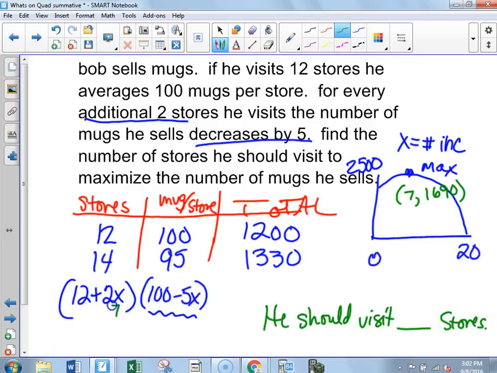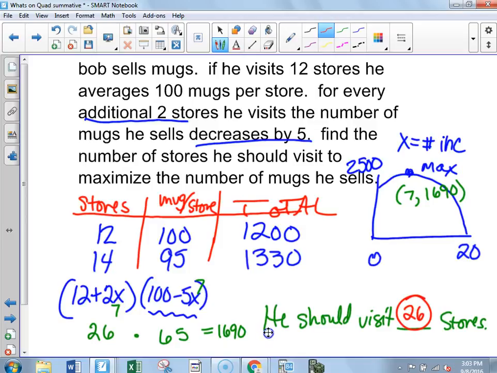We got to plug the 7 back in here. 2 times 7 is 14 plus 12 is 26 stores. If you wanted to know this, you do 100 minus 35 is 65 mugs at each, and it would come out 1690. So the answer to the question, though, is what? 26 stores.